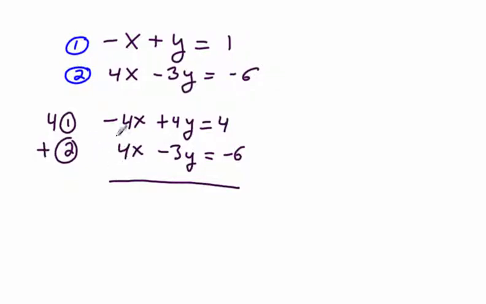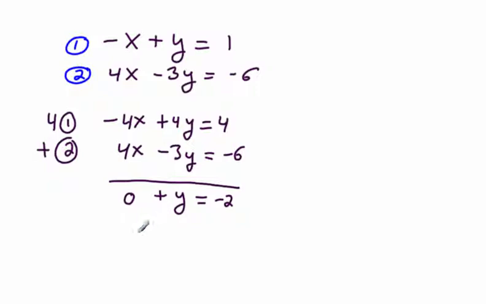We're going to add here. When we add these two, we lose all the x's. Negative 4x plus 4x is 0. Then we have positive 4y minus 3y is just y. And then we have 4 minus 6 is negative 2. And that looks like the solution we had the first time.